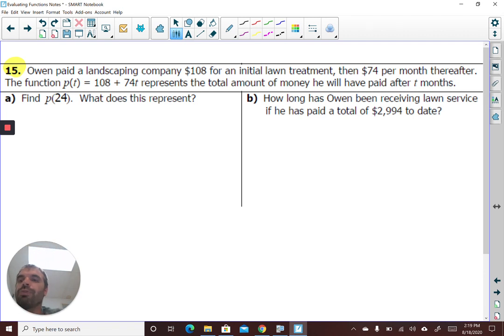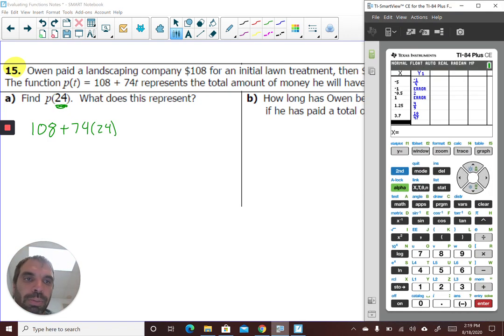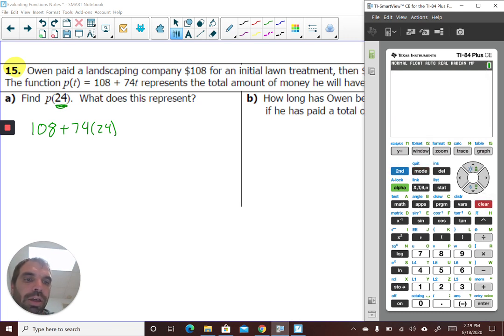So part A says find p of 24, and what that tells me is put 24 in for t. So I can do that: 108 plus 74 times 24. All right, I'm going to cheat here. I don't know that off the top of my head, so I'm going to bring up a calculator. All right, so we do 74 times 24, and we add to that 108.